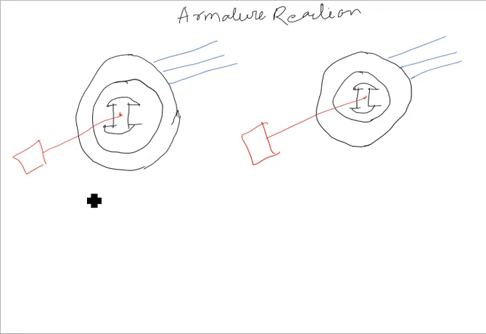So let us see how this armature reaction is different in your motor and your alternator or generator. So this is your synchronous alternator, synchronous generator, also known as alternator.